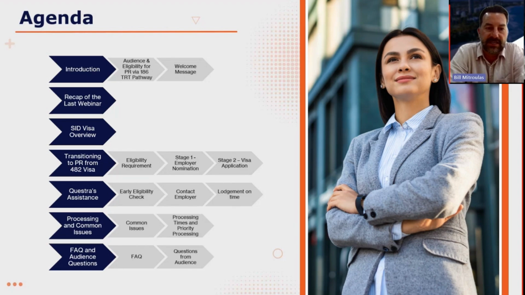Moreover, we'll look at how Questra can help. So early eligibility check is obviously first and foremost. Then obviously contact your employer. The way I usually tackle these situations is I always recommend that the visa applicant consult with us or a registered migration agent for that matter, and establish without any shadow of doubt their eligibility.